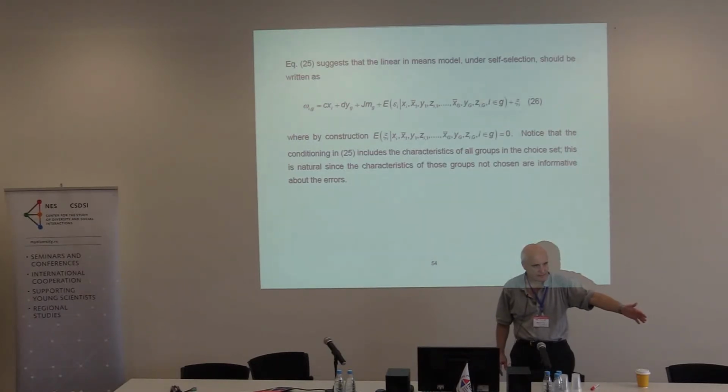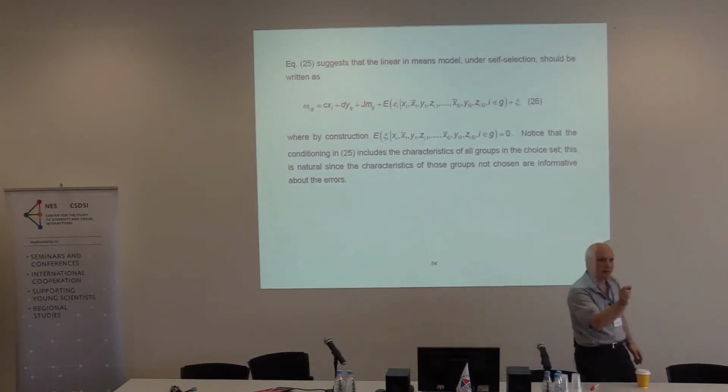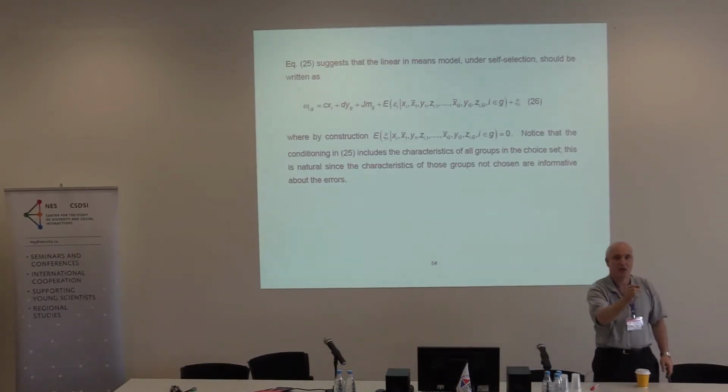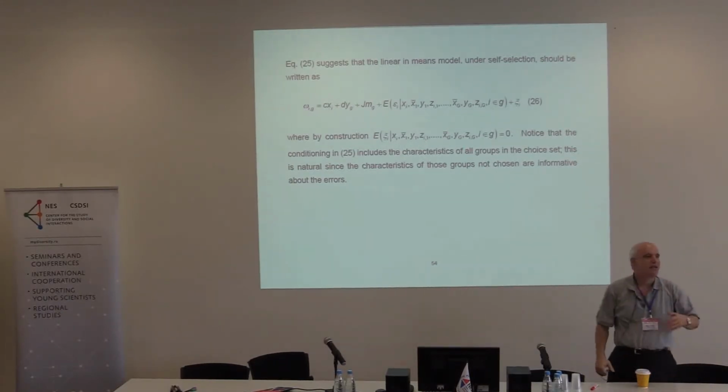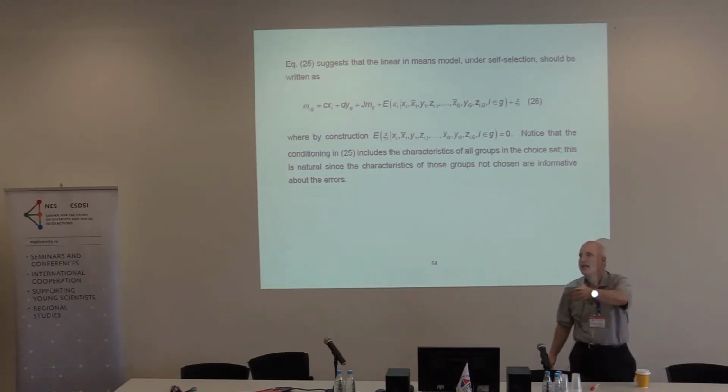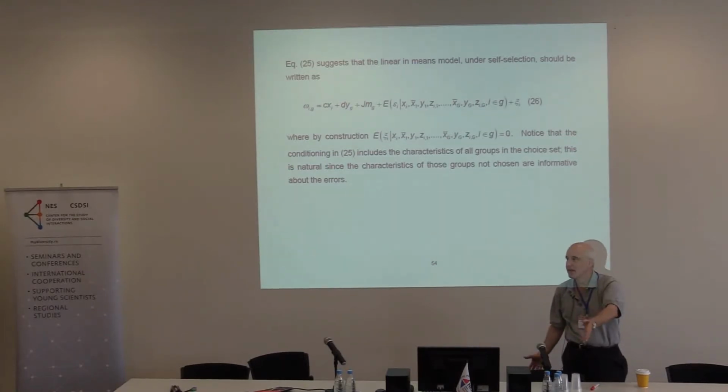By definition, if epsilon has a non-zero conditional expectation, I can divide epsilon into two pieces: the conditional expectation plus the thing that's left over. Call the thing that's left over xi. And by definition, what's the conditional expectation of xi? It's zero. So that gives us an identity: I can divide any unobserved heterogeneity into its conditional expectation, and then the residual, which has an expected value of zero.